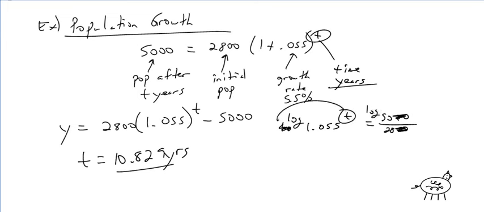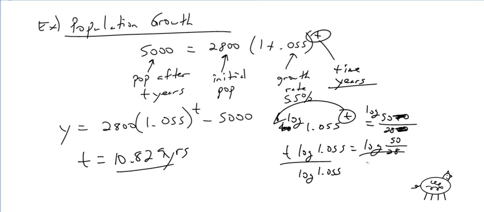So the t goes in the front by your property of log. So t log of 1.055 equals log of 50 over 28. I can even simplify that if I want. And then my last step is to divide by log of 1.055. And that is actually your answer. That's an exact answer: log of 50 over 28 divided by log of 1.055.